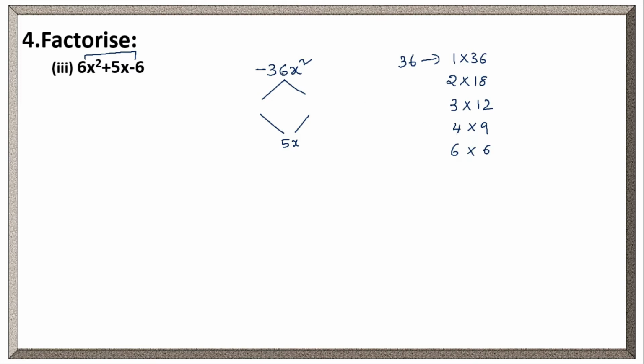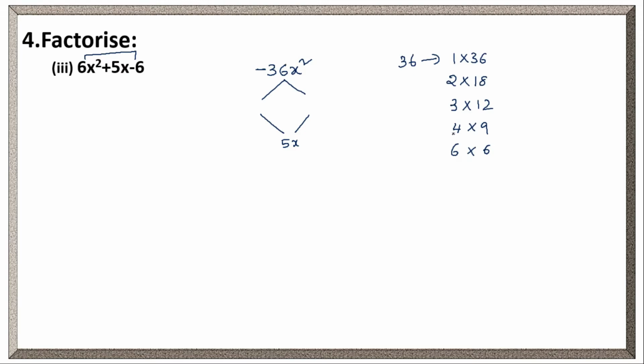Here minus 36 is there. If I add or subtract, we won't get 5. If we choose 1 and 36, we won't get the sum or difference 5. So, we can't choose. Here if I choose 2 and 18 also, I won't get 5x as a difference. If I choose 3 and 12, then also it won't satisfy.